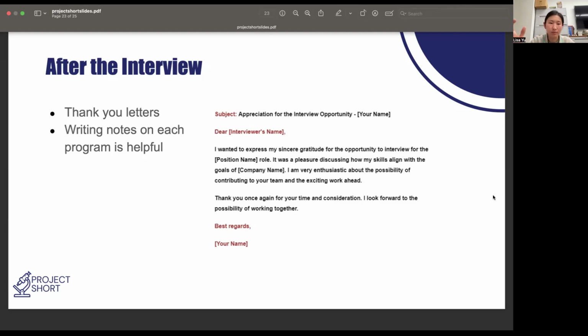There's lots of thank you letter templates online, but it doesn't need to be super long or anything. It just has to be sincere. And I've also found that after interviewing with each program, it can help to write some notes for yourself or for the mentee themselves to have later on as they're trying to decide what program they might want to accept.